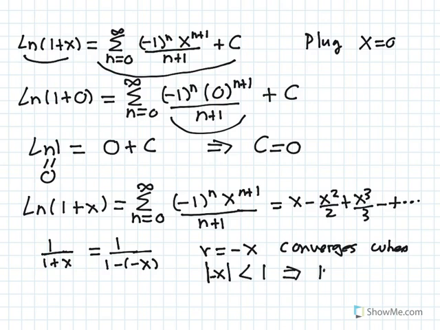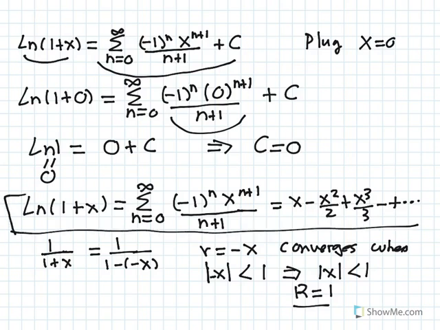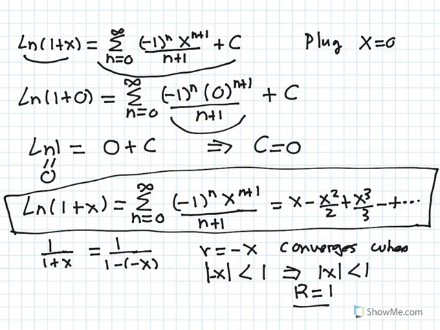That means when absolute value of x is less than 1, that means the radius of convergence of the original series is equal to 1. That, of course, means the radius of convergence of our new series is also the same, because we learned earlier that the radius of convergence does not change as a result of differentiation or integration.